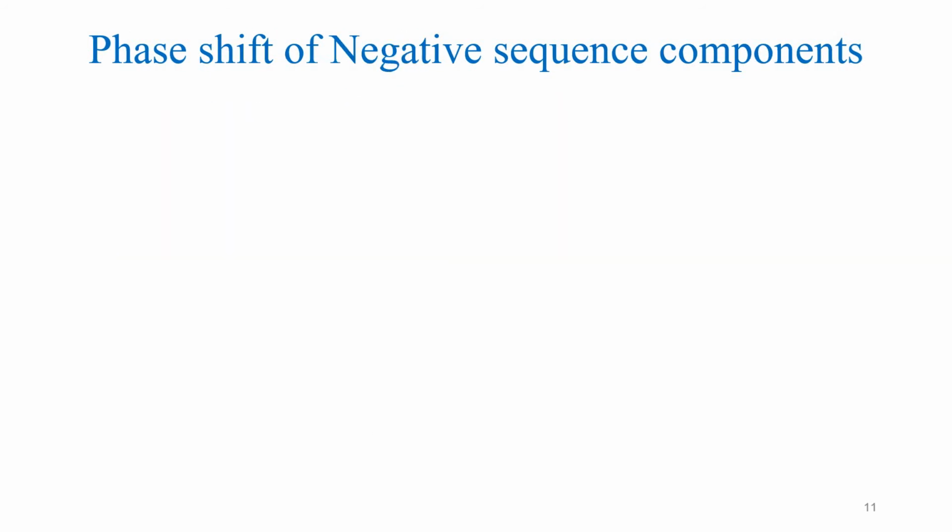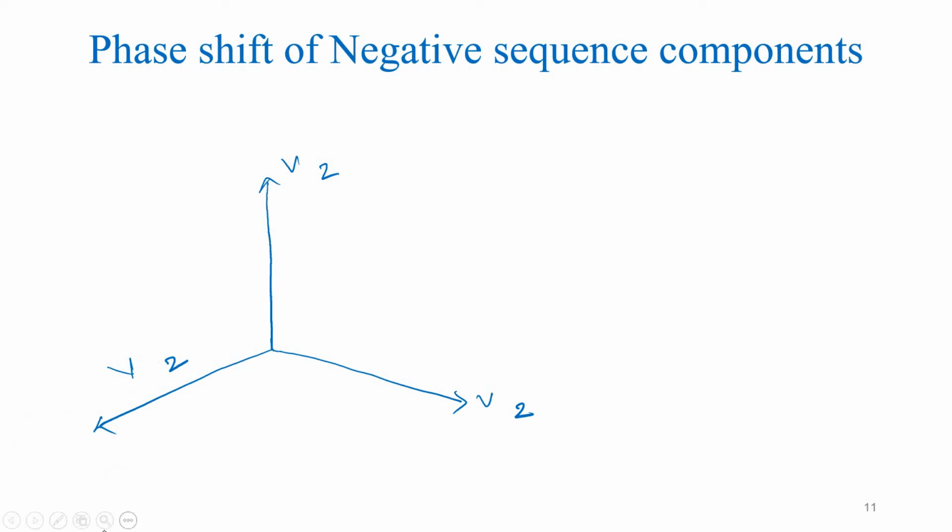Now let us see with respect to the negative sequence components. Now here I will represent, because I think now you can understand, this is a VA2 and let me mark this as a VC2 and this phasor as a VB2. So these are with respect to the HV side.